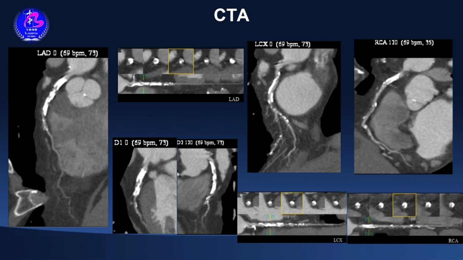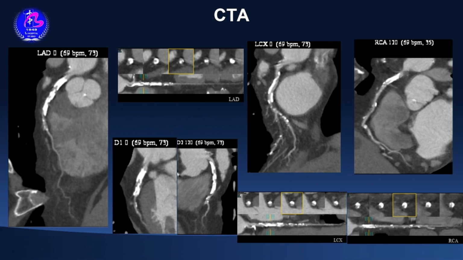And then we performed a CTA scan on the patient, and the results showed a severe stenosis with severe calcification in the proximal LAD. In order to understand the coronary artery lesion deeply, the intelligent visualization system for CTA invented by Professor Li Yue in our hospital would help us to get more information.